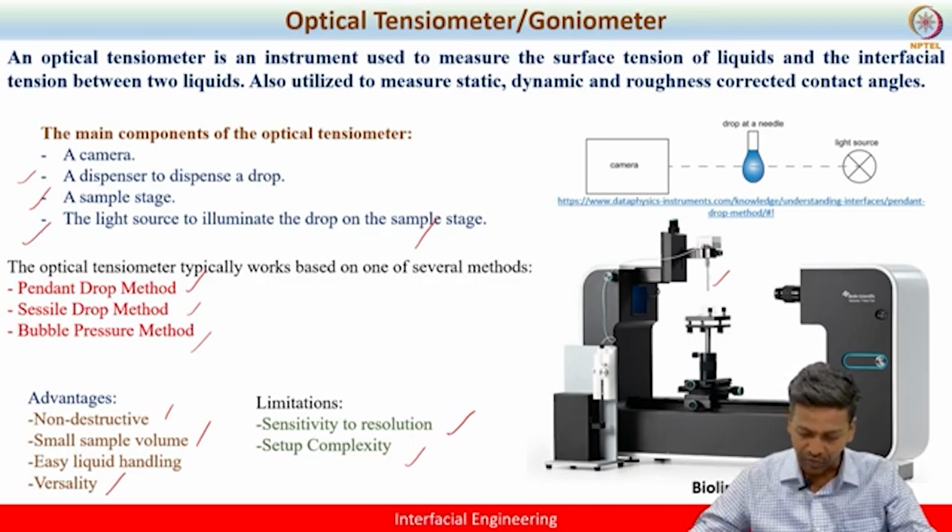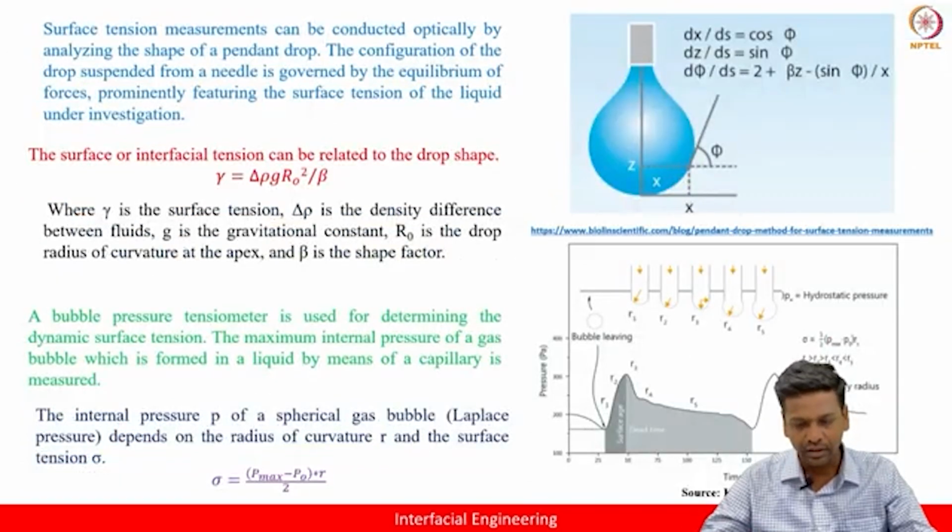These modules. So next we will see how this pendant drop method is basically carried out. As I told, this shape factor beta is very important if you want to determine the surface tension. That is readily determined using the various geometric parameters, okay, which are shown in this pendant drop schematic.